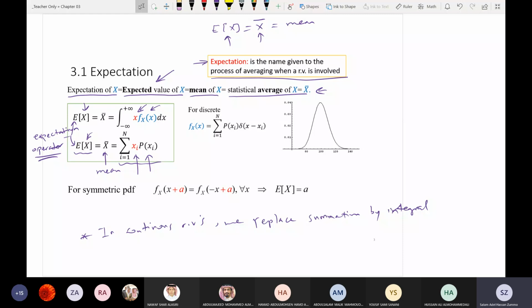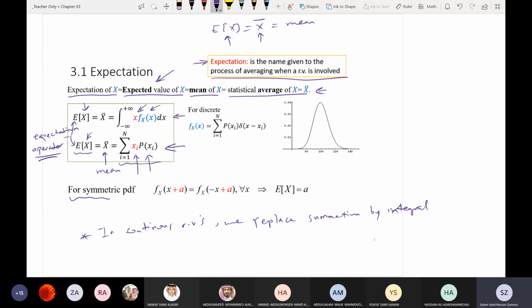So the average or the expected value or the mean of a random variable is calculated for discrete random variables as the summation of different values of x, each one multiplied by its probability, or by integrating x multiplied by f x, the PDF. This gives you the average.